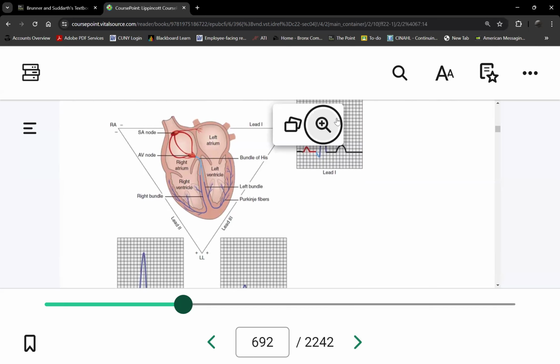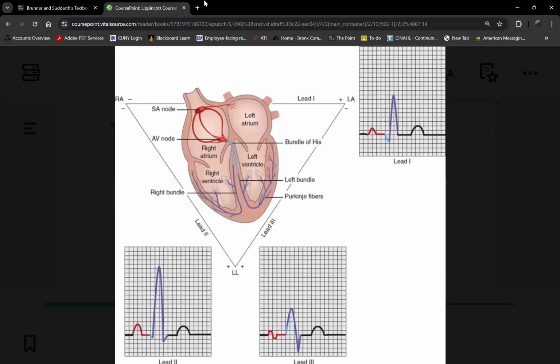All right, so you see there the SA node, the AV node, and then the left and right bundle branches, as well as the Purkinje fibers. Look at the pathway. If this is Fernando's heart, you can see the SA node is closer to his right shoulder, correct?